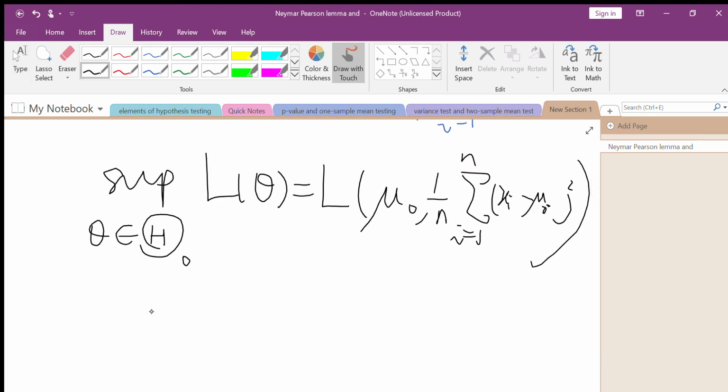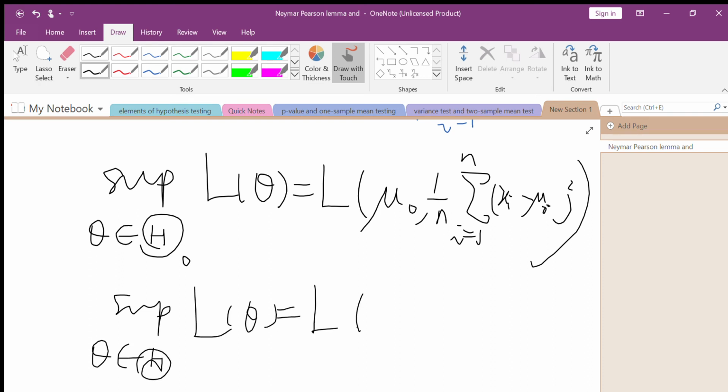And for the denominator, the supremum over theta in the whole space of L(theta) is L(x bar, 1 over n, sum from i equals 1 to n of (x_i minus x bar) squared).